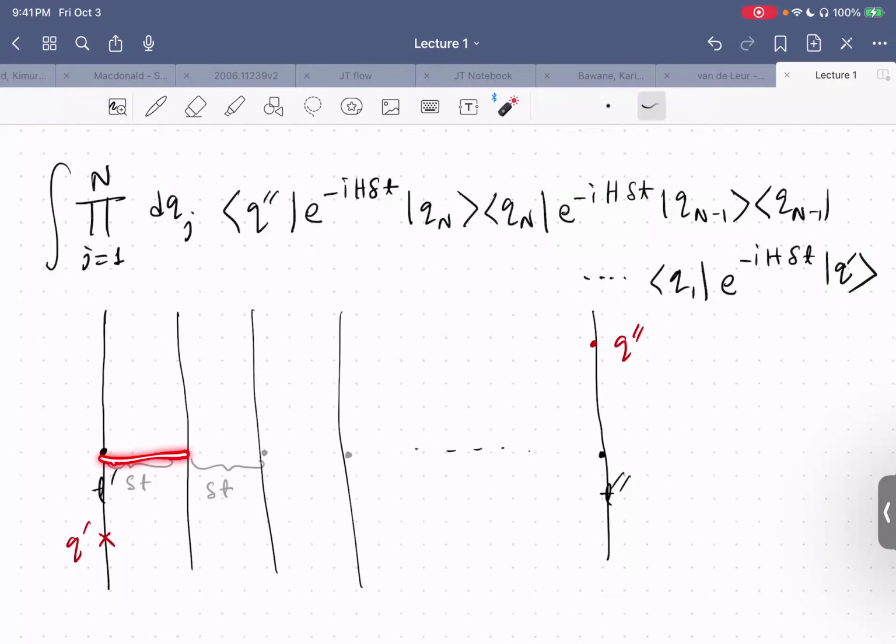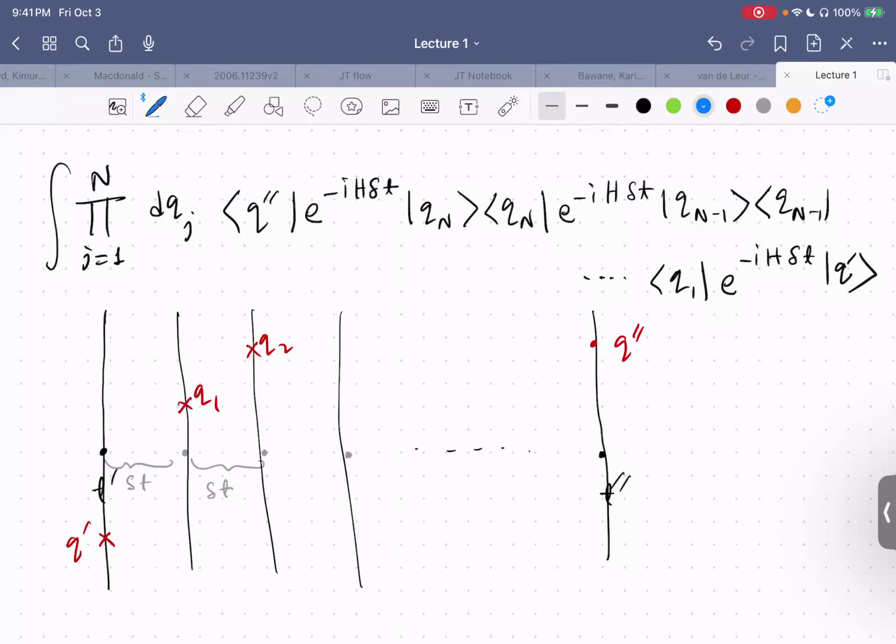So in this time interval delta t, I'm going from q prime to q1, which is somewhere here. Let's say this is q1. The exact value doesn't matter because we are going to integrate over all possible values, right? And then after another delta t interval, we want to go to location q2, which may be here, let's say, and so on and so forth.